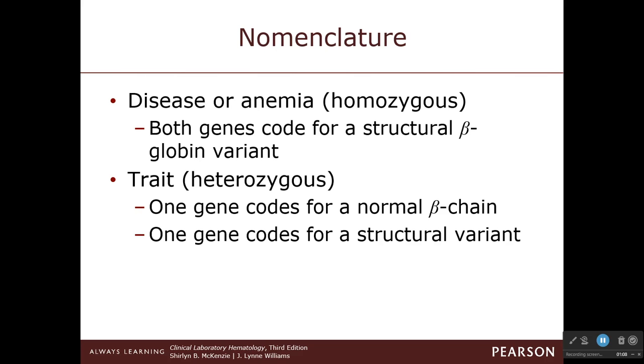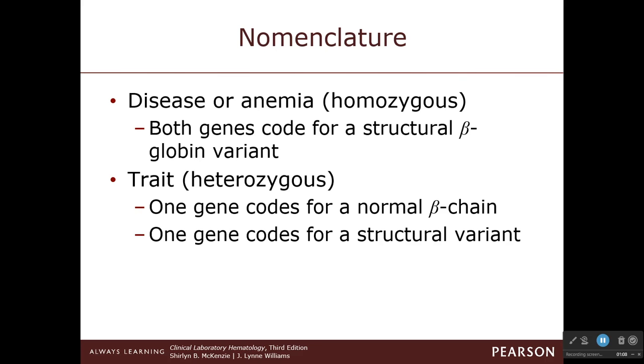That's another way of talking about the same thing we were talking about over here with heterozygous and homozygous. BA, BS is the trait, because it's producing some A1, but it's also producing some S. BS, BS, SS would be sickle cell. And would it be homozygous? Yes. If they're the same, it's homozygous.